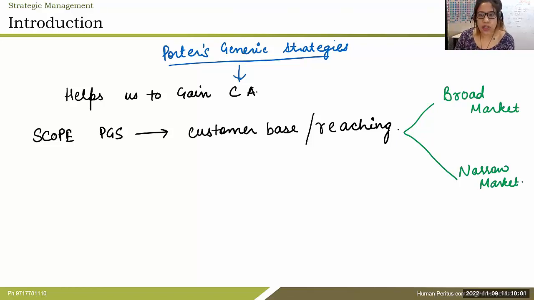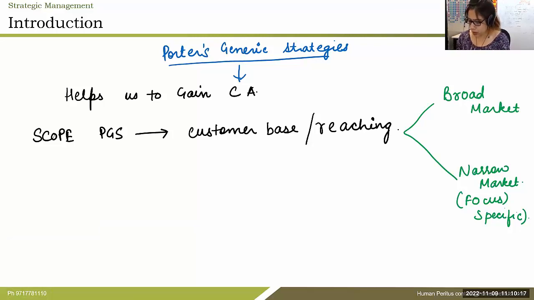Right? A broad market or a narrow market. Narrow market is something which is a focused or a specific market. This is the scope of Porter's generic strategies.